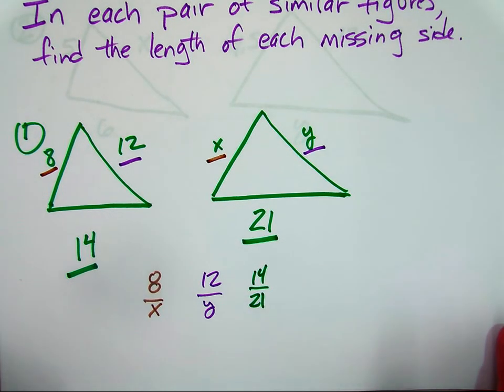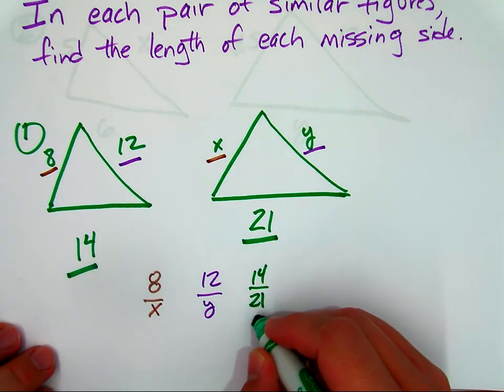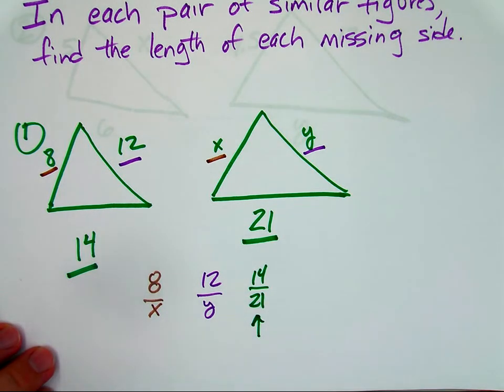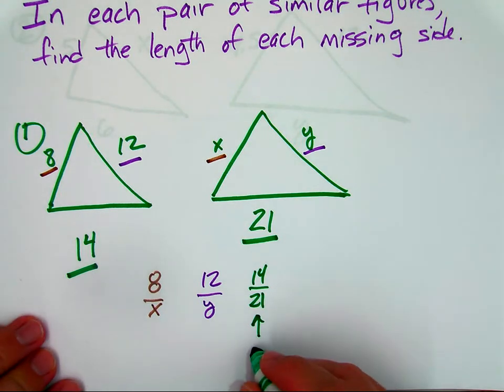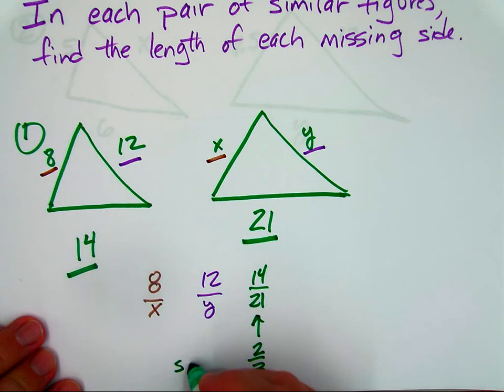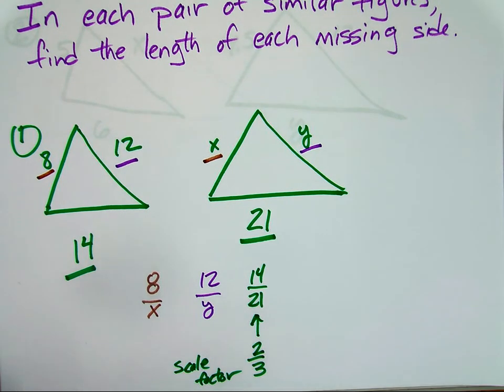If I look at these, in only one set of ratios have I got both numbers, and that's this one right here. That'll tell us what our scale factor is. If I reduce that, that will reduce to 2/3. That's the scale factor of these two triangles. And I'm going to use that now to find x and y.